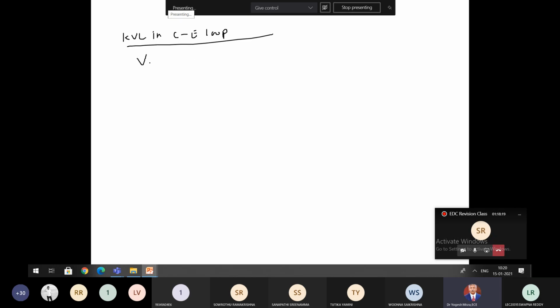So we will get VCE is equal to VCC minus IC RC. And here you put the value of VCC 9 volt minus IC, already we have calculated 1.08 milliampere, multiplied by the value of RC.